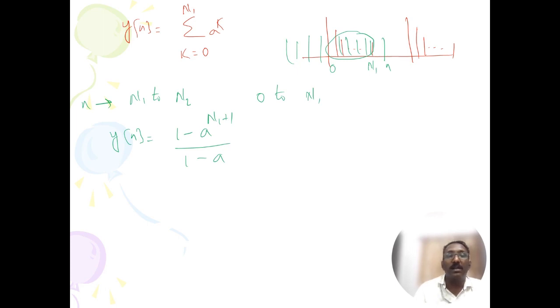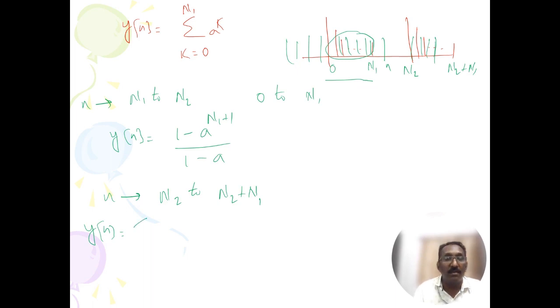Next value of n in between this value is n2 and this is n2 plus n1. So n value will be between n2 to n2 plus n1. So in this case, y of n value will be equal to this entire overlap portion plus a small overlap portion between these samples.